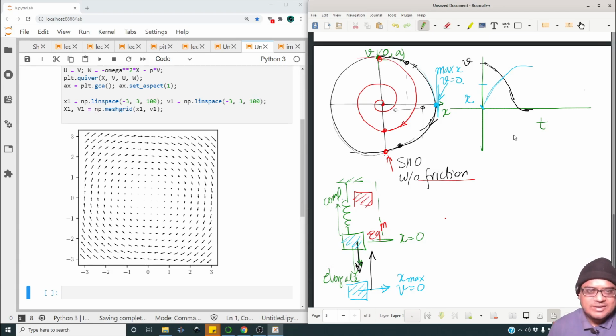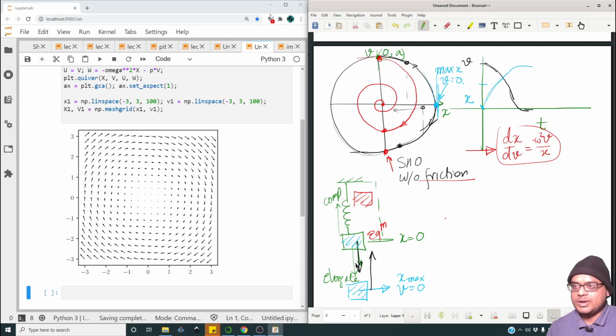So what is happening when we have done this? dv/dx was equal to minus omega square v upon x. This is tantamount to having an initial point somewhere and then integrating it and seeing how it goes. This is what we found out analytically, but instead of doing it analytically, we can also do it numerically.